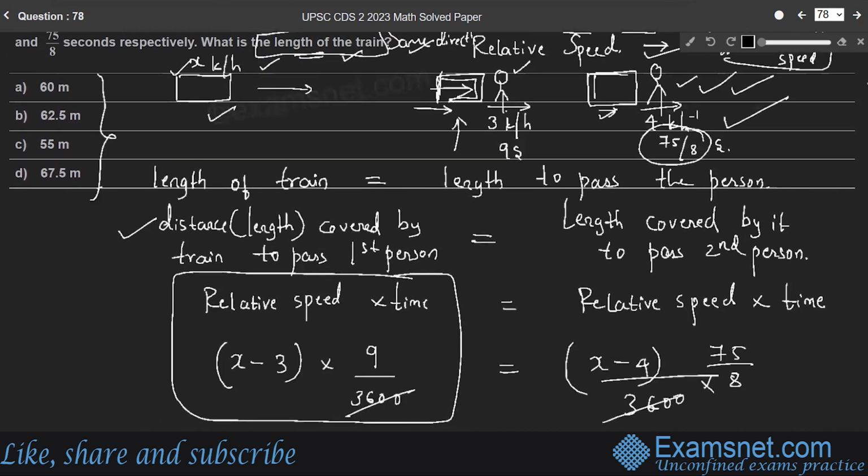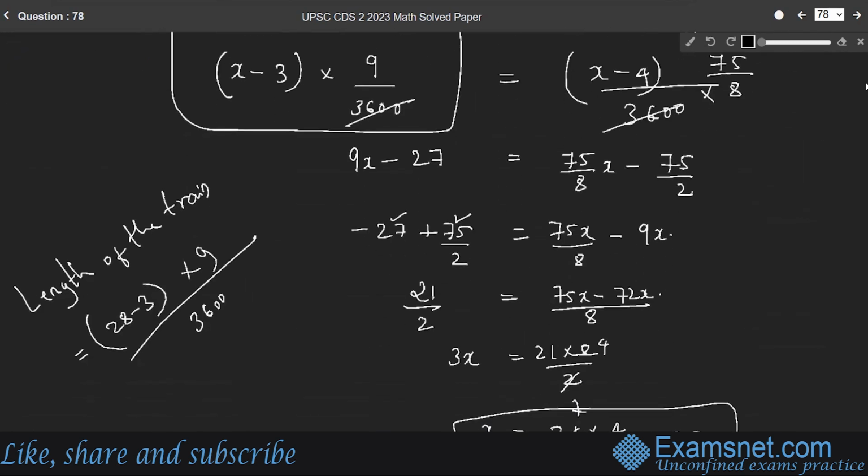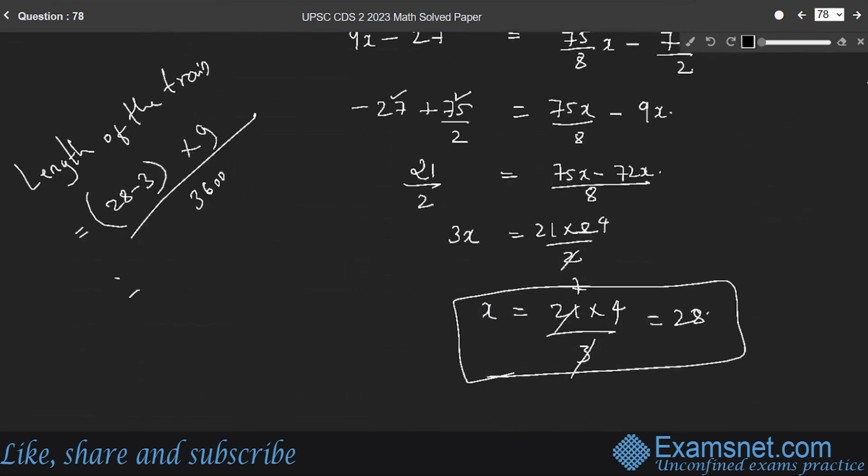The options are in terms of meters, so we can convert later. Here 28 minus 3 is 25, into 9 is 225 by 3600.